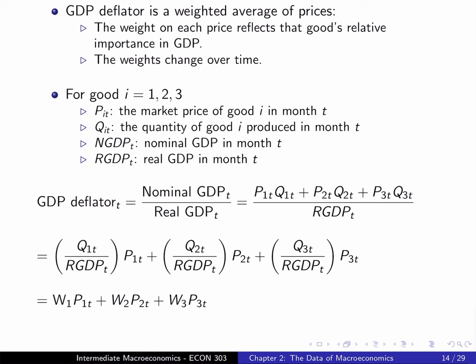So GDP deflator_t equals W1 times P1t plus W2 times P2t plus W3 times P3t.